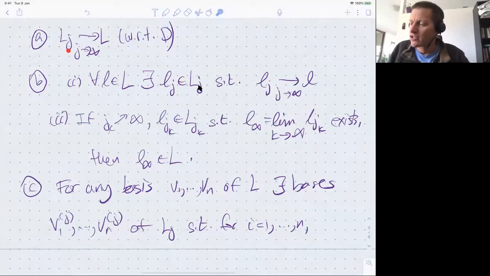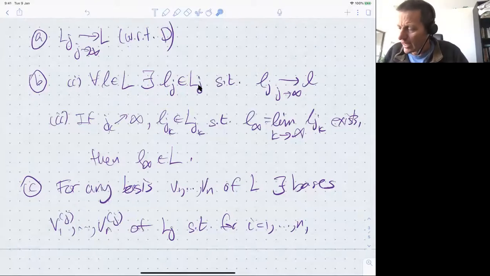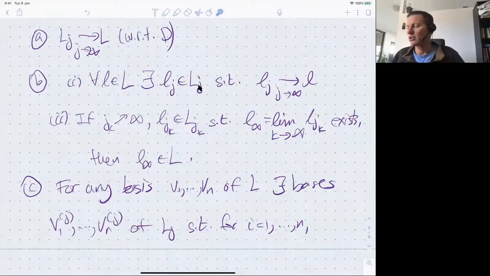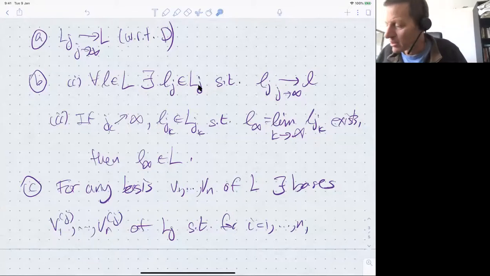So lattices Lj converge to a lattice L with respect to this metric if and only if every element of the limit lattice is a limit of a sequence of elements coming from the lattices Lj. And conversely, whenever you have a converging sequence of elements of the lattices Lj, even after passing to a subsequence, the limit has to be in the limit lattice.